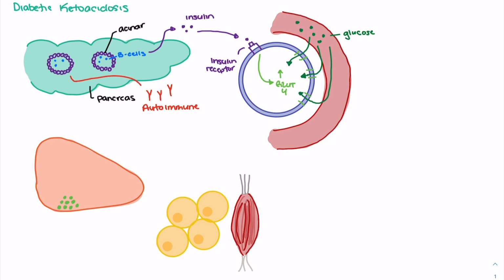So what you actually see is self-targeting and destruction of the pancreatic beta cells by these autoimmune cells, and the patient is left with none of them. Typically, when you see diabetic ketoacidosis, this is a patient who has upwards of 90% beta cell destruction and has essentially lost all of the insulin that they need to function properly.